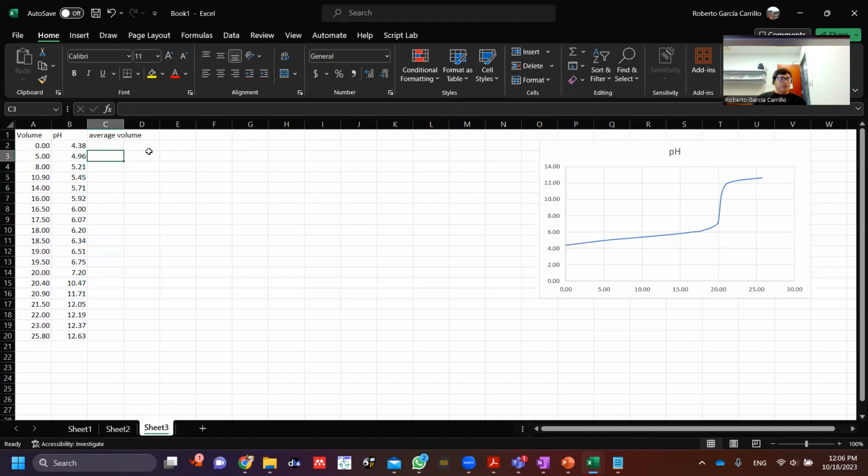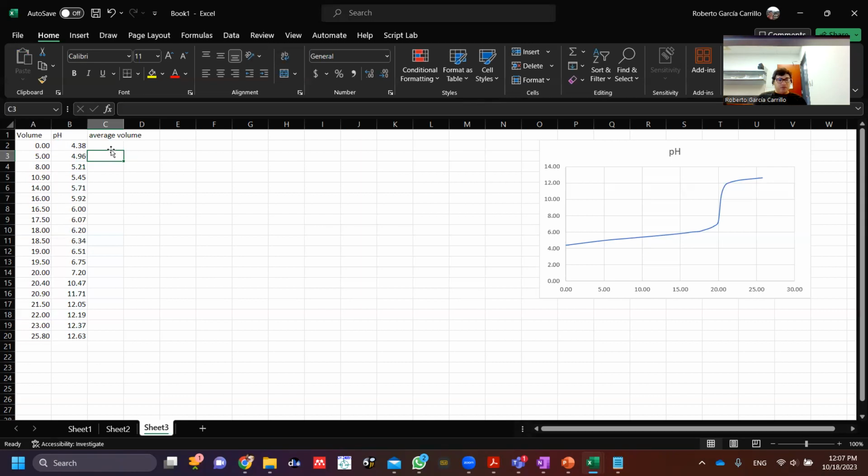We do that because we need to smooth down your curve in order to better approximate your first and second derivative. So we will have to obtain the average of the volume and then the average of the average for the second derivative. So let's go through that.